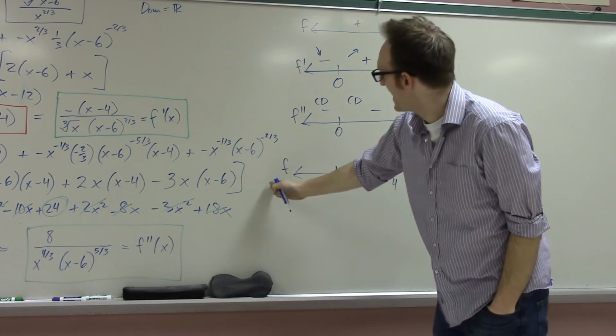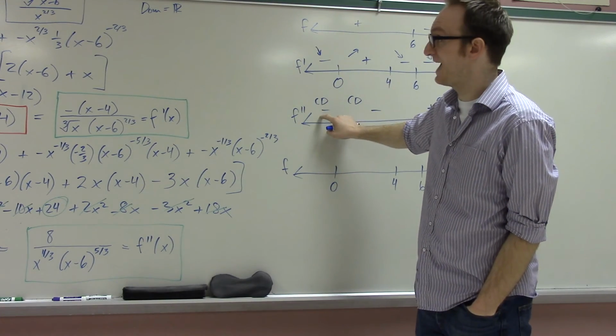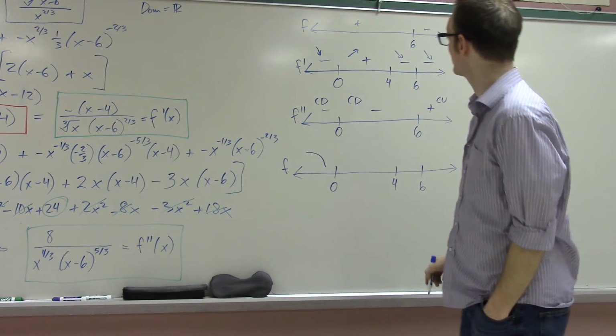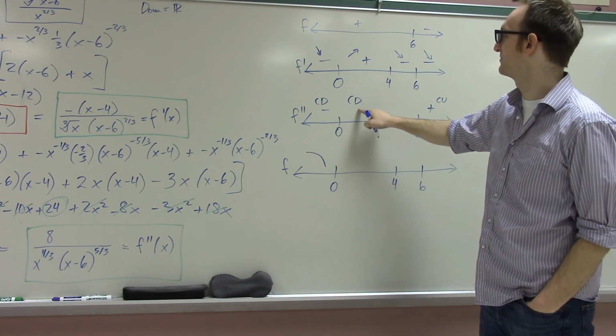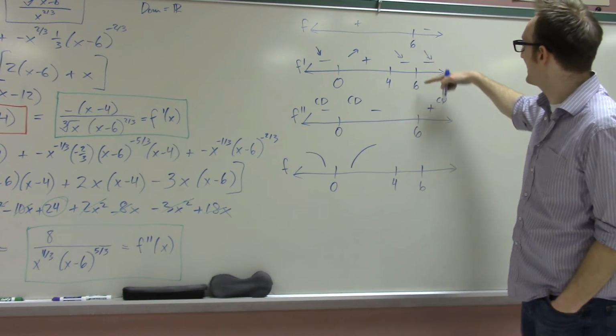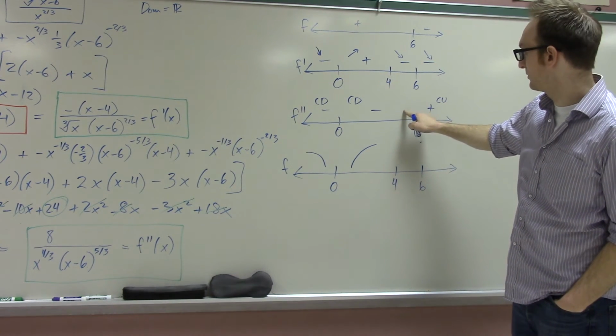On the interval from negative infinity to 0, this function is decreasing, concave down. So decreasing concave down like that. From 0 to 4, it is increasing, concave down. So it looks like that. From 4 to 6, it is decreasing, concave down.